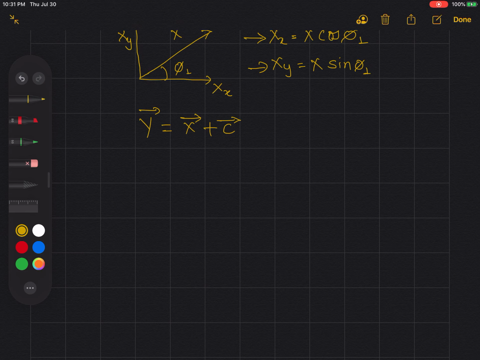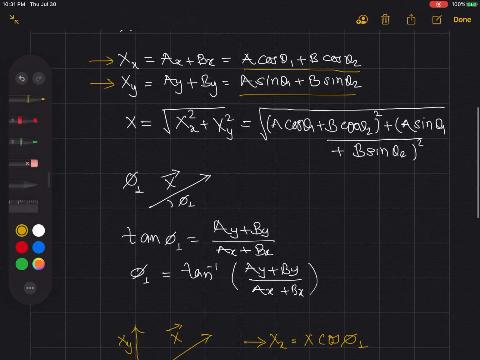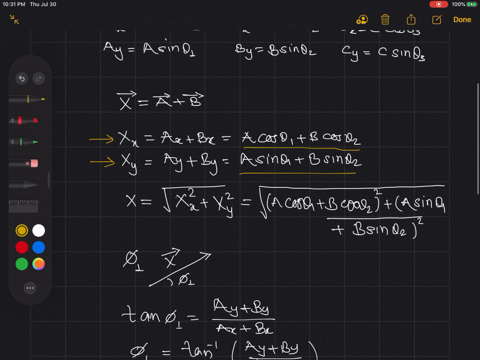Now we repeat the same process. Let's find out the x component. This is the x component of vector x plus the x component of this vector, which is c cos theta 3.